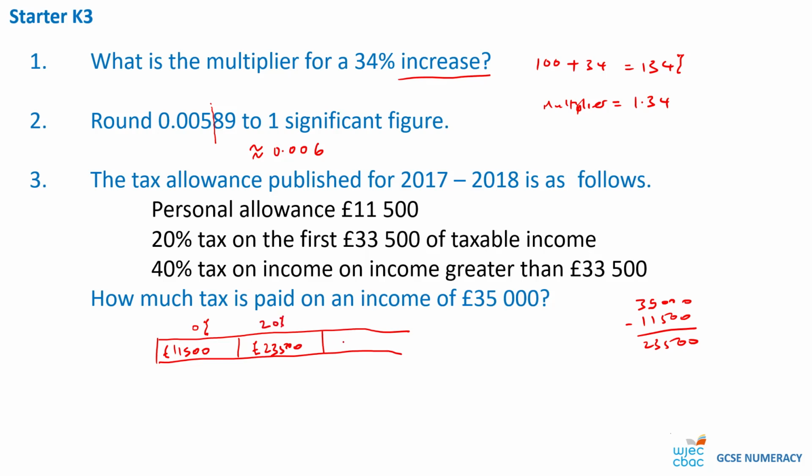And we haven't got any more income here at 40%. Okay. So 0%, so we've got 0 amount of tax here. 20% of 23,500, or 0.2 times 23,500 is equal to 4,700. So that's our tax then.